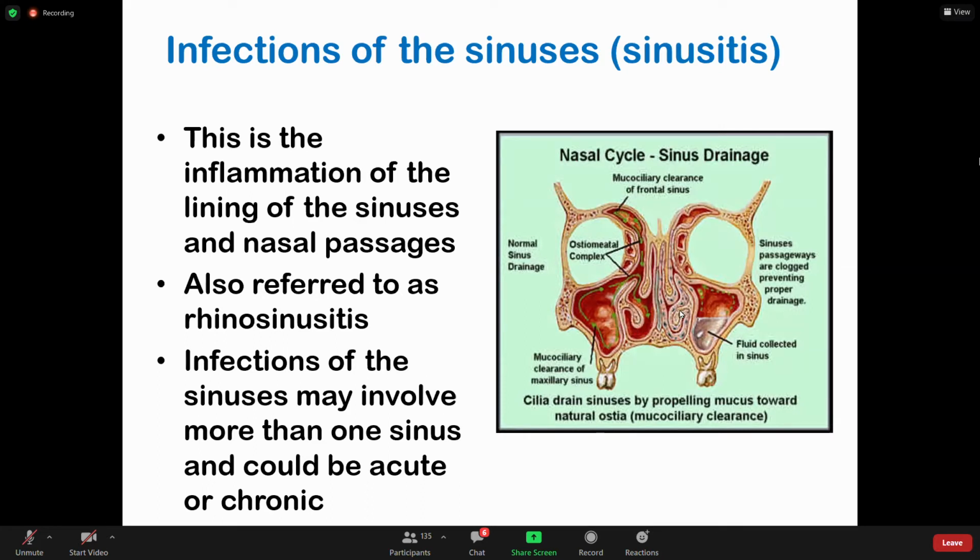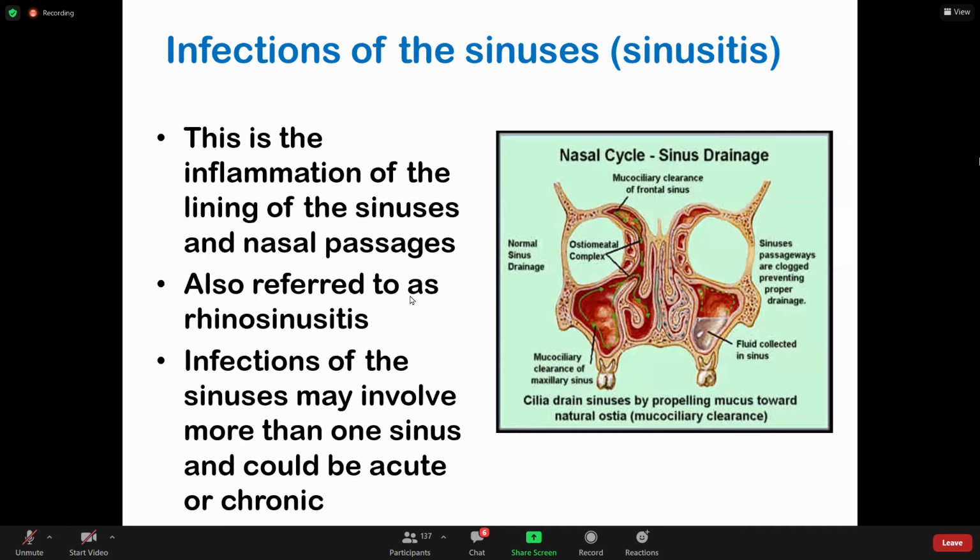But here you have inflammation of the lining of the sinuses and the nasal passages. This may involve just one sinus or more than one sinus, and it could be acute or chronic. So here we're showing the maxillary sinus, right? You can also have involvement of the frontal sinuses at times. Okay, but this picture is showing us fluid collection in the maxillary sinus.